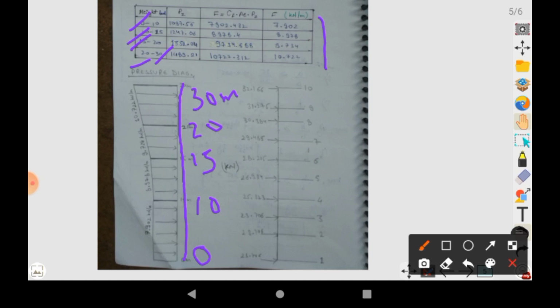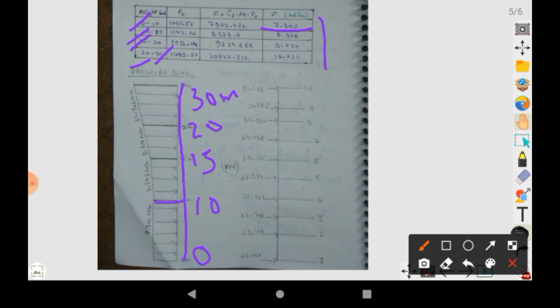Now here you can see that for the 0 to 10 meter height level, the value is constant, that is 7.902. With the help of a scale or ruler, you can just draw it.